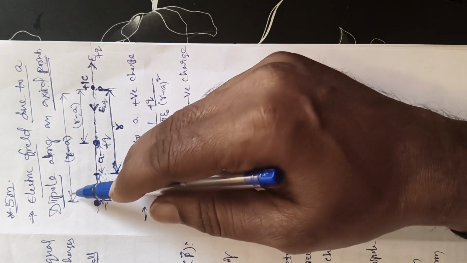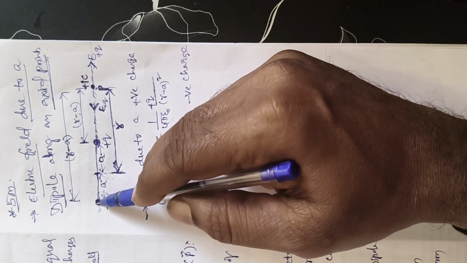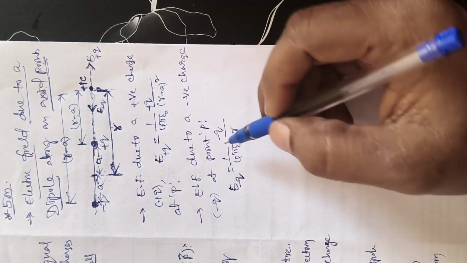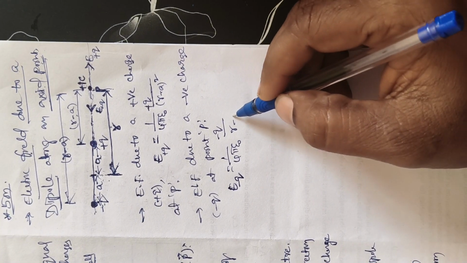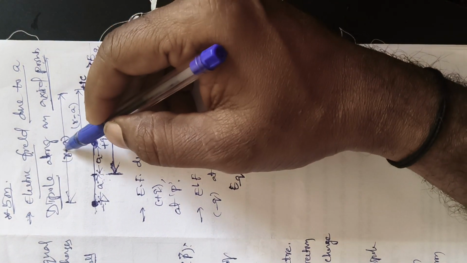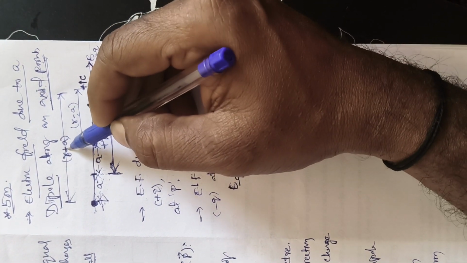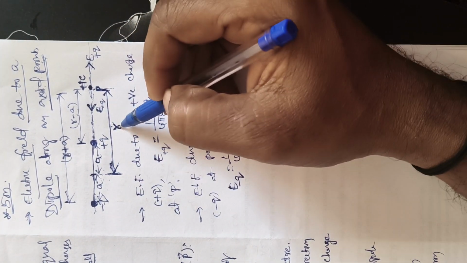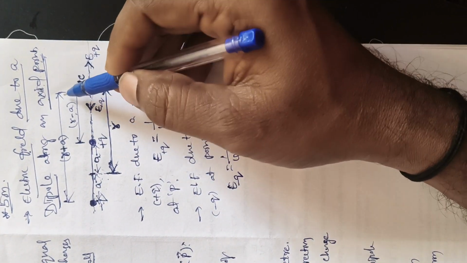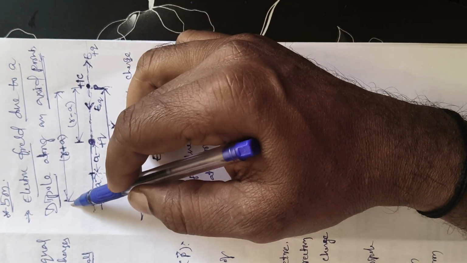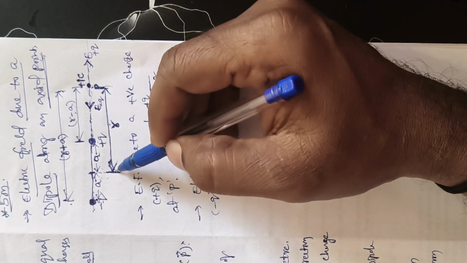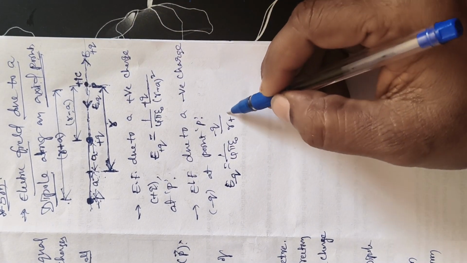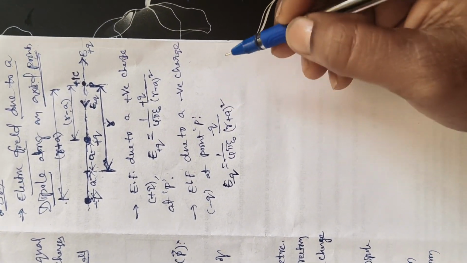Here it is r plus a. Why? Because from here to the center of the dipole is r, but from here to the negative charge we want r plus a. So that's why (r plus a) whole square.